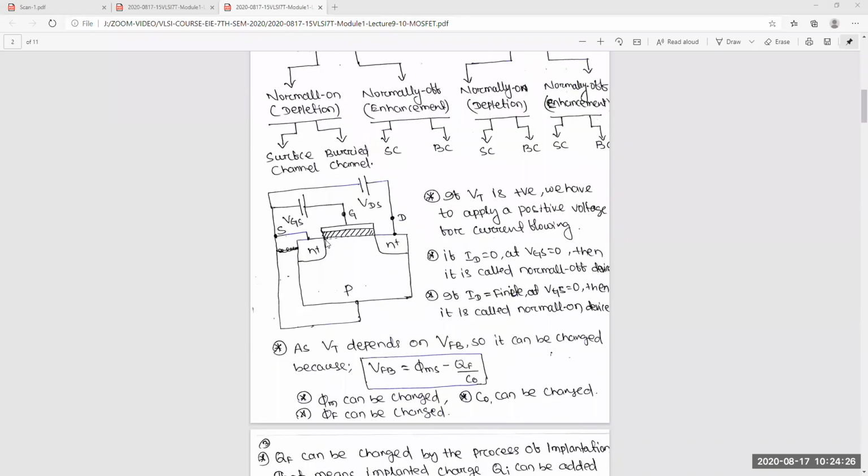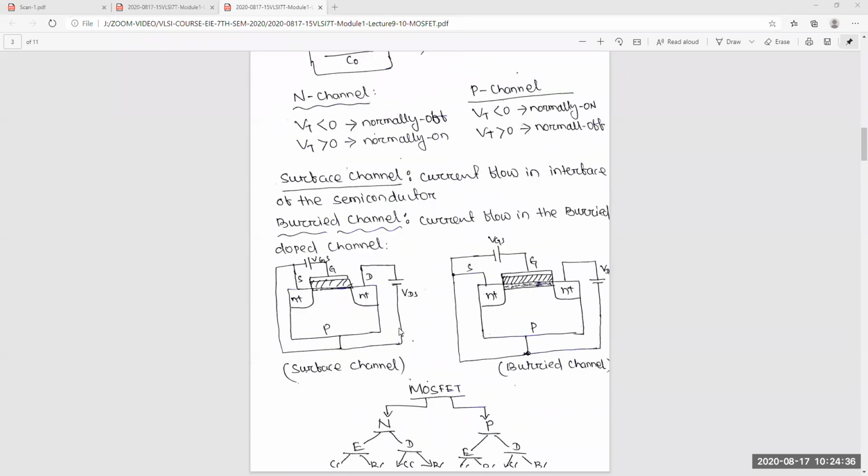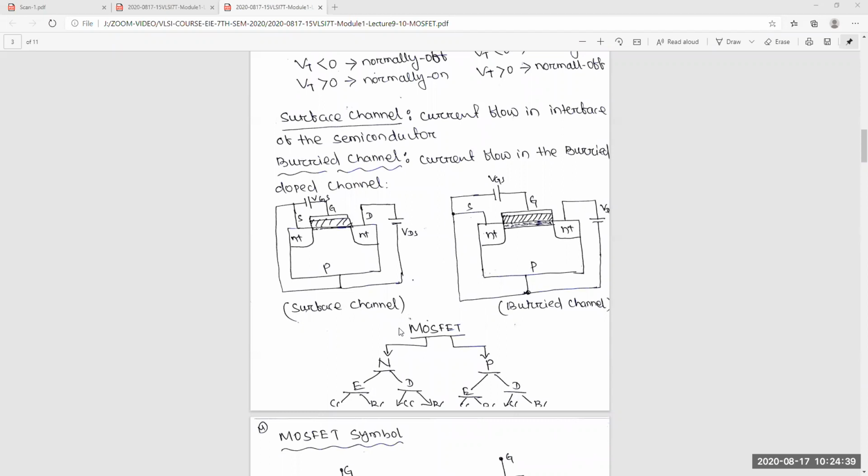If you make a buried layer, then current will flow in it. Now you can see two figures. The left one is the surface channel, the second one is the buried channel. In the surface channel, the current flows at the surface; here it is the buried layer.